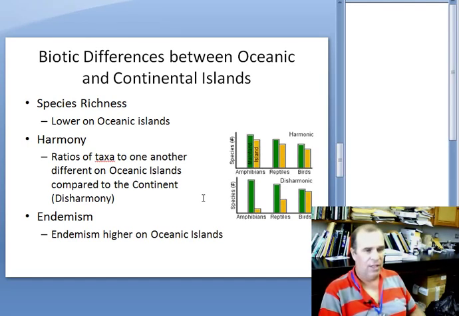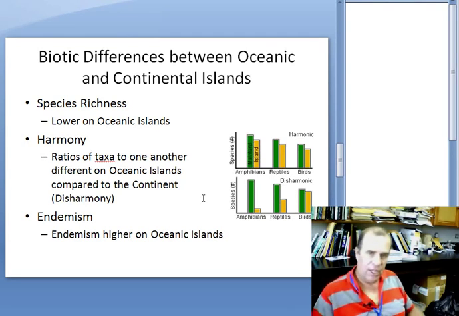And that subset are going to be the plants and animals which can disperse well and reach these oceanic islands. So in our little graph here, we can see that birds are in pretty much the same sort of ratio with continental species, whereas amphibians on islands tend to be much reduced compared to mainland or continental species of amphibians.